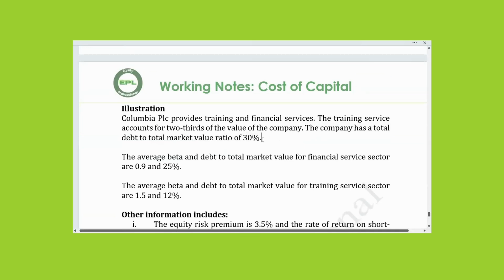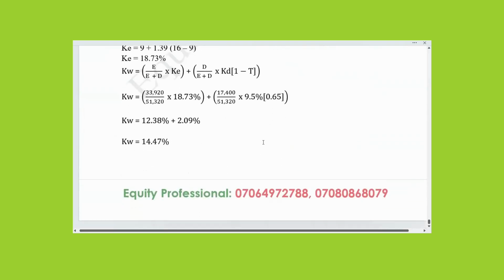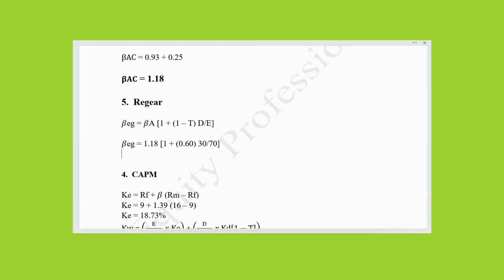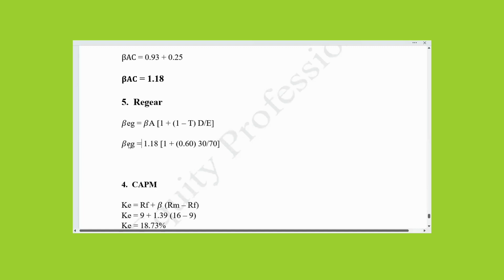So debt is 30, equity is 70. So 30 divided by 70, multiplied by 0.6, plus 1, multiplied by 1.18. What do you have? 1.48.